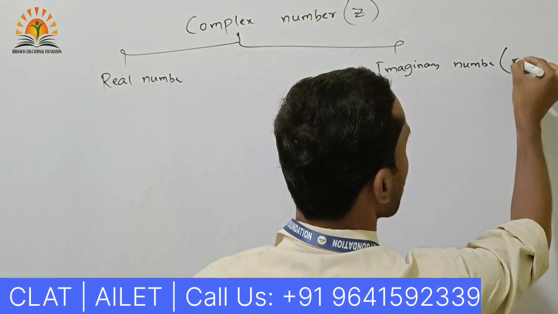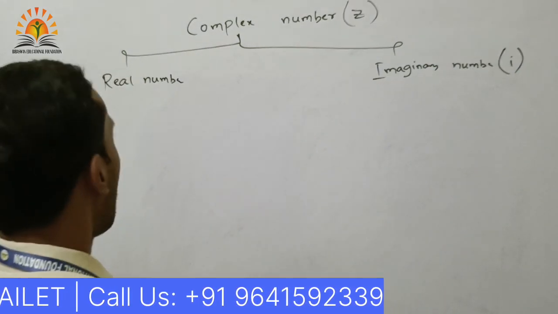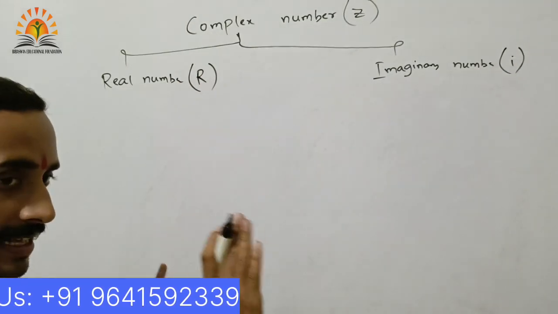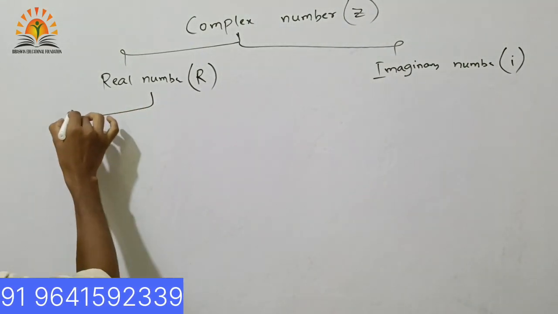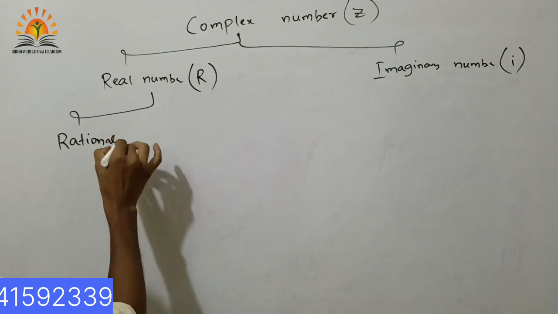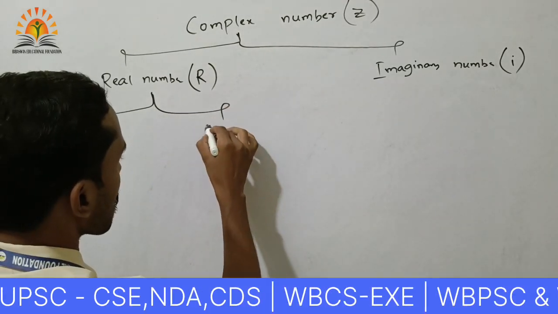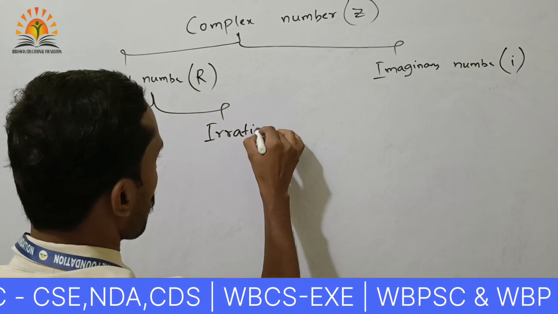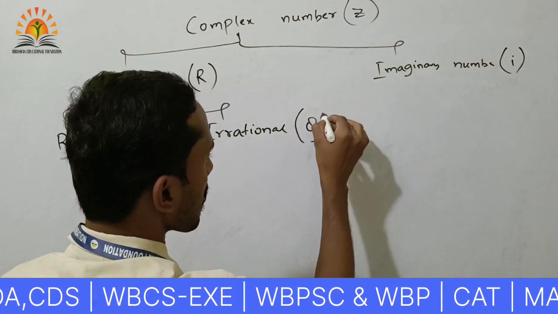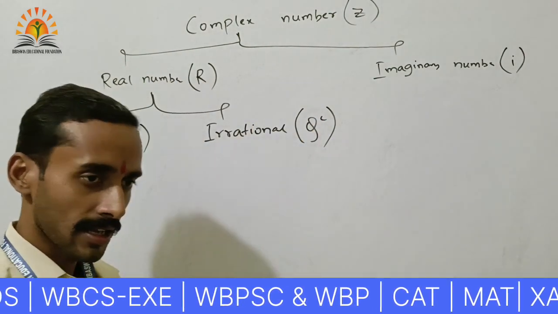We generally use iota here, okay? And real number is denoted by R. Clear? Real number is formed by two numbers. The first is rational and the second one is irrational. Rational number is denoted by Q and irrational number is denoted by Q C.